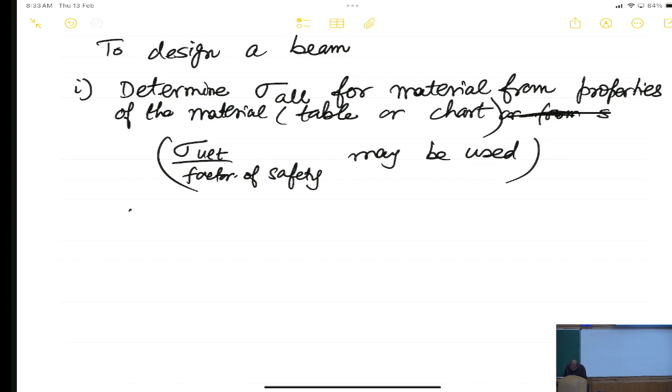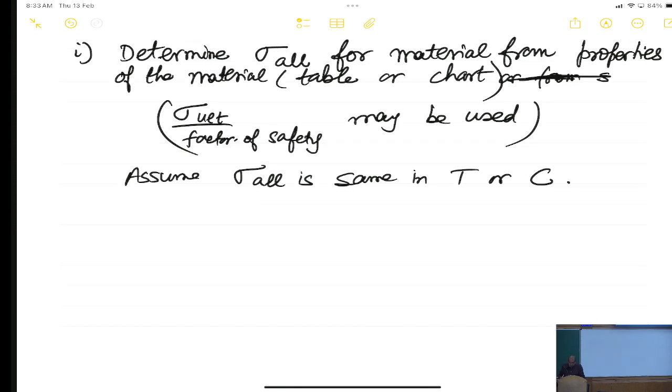Now we will assume sigma allowable is the same in tension or compression. So, we will assume it is a symmetric graph.